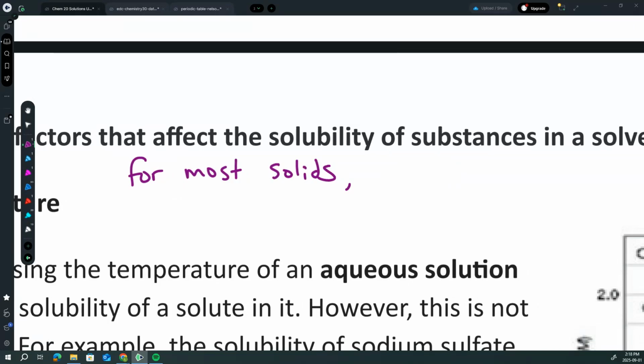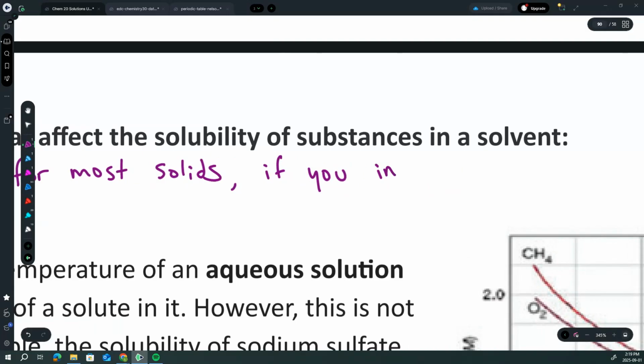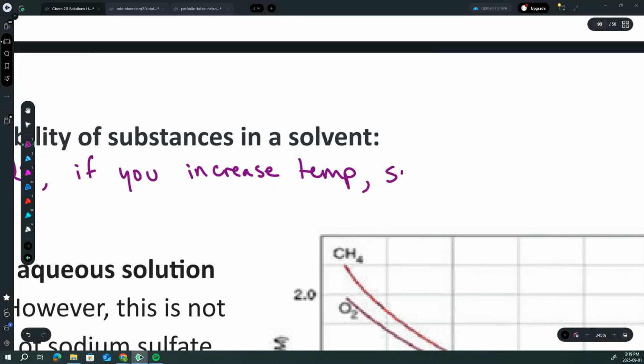So for most solids, if you increase temperature, solubility increases. So you can dissolve more in your solvent.